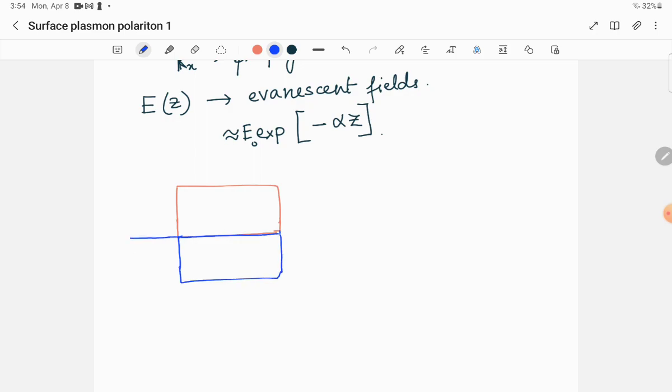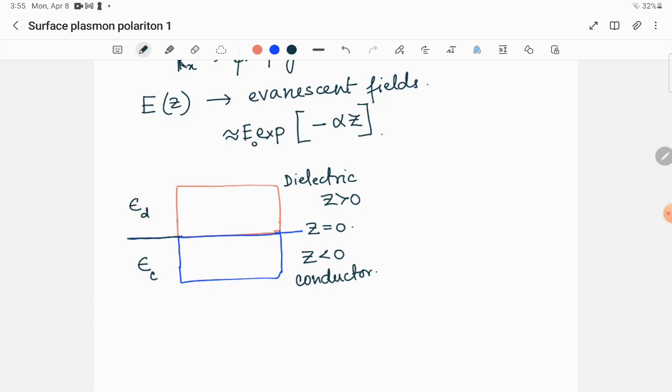The interface is at z equal to 0, the dielectric is for z greater than 0, and for z less than 0 we have the conductor, which is your metal or whatever. What else do we need to assign? We have a dielectric constant which we call epsilon c for the conductor, and epsilon d which is the dielectric constant of the dielectric medium.